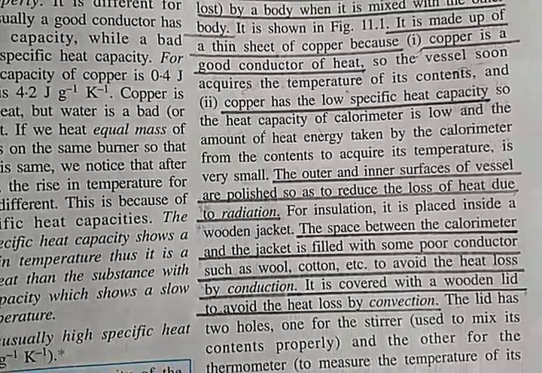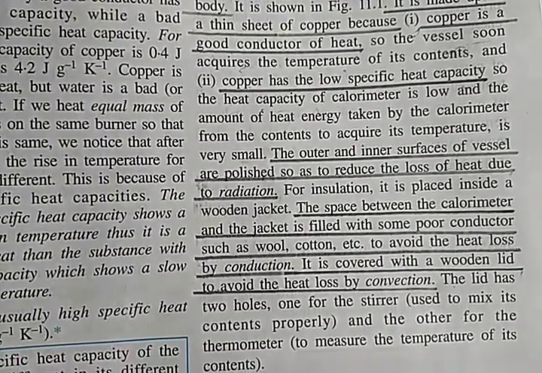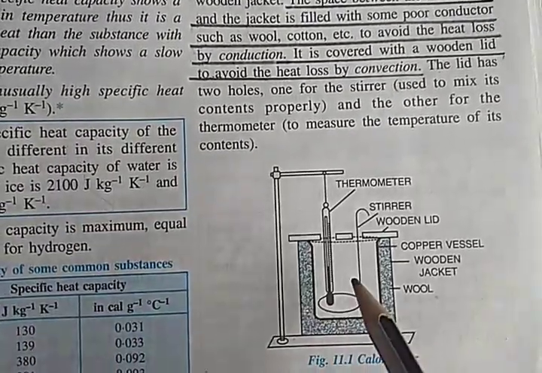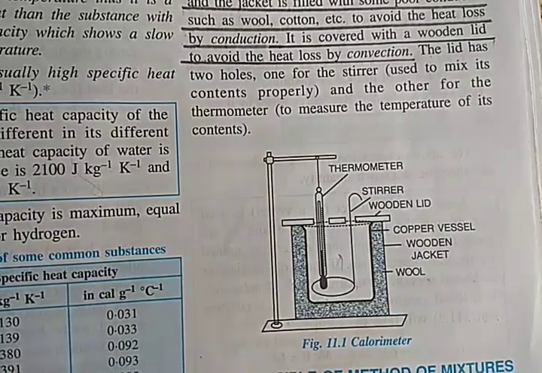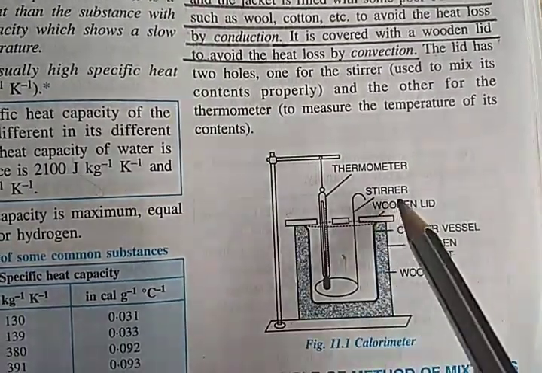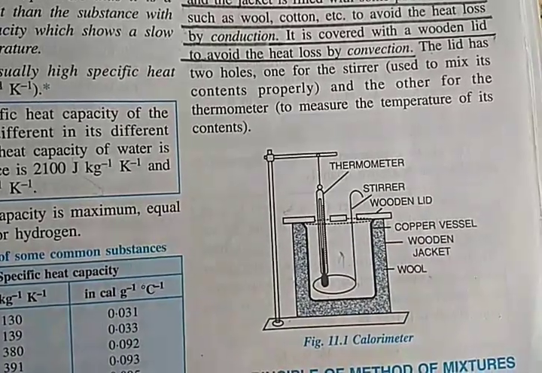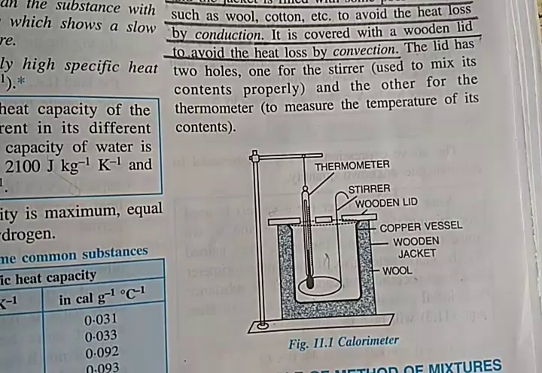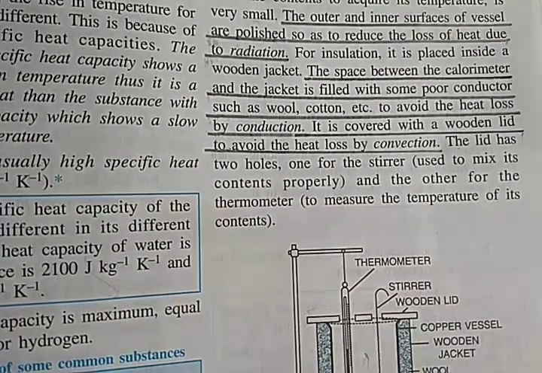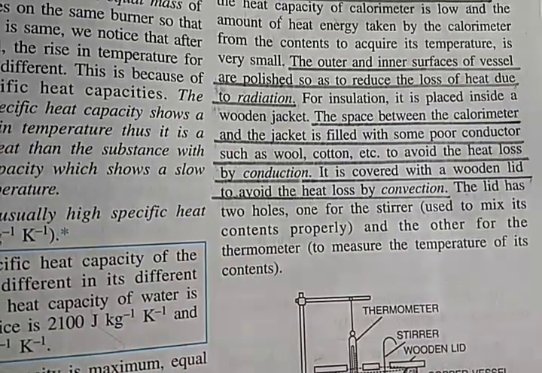Next, we don't want the heat from inside the calorimeter to be lost to the surroundings. We want the heat to remain inside the calorimeter. Heat can be lost in 3 ways: conduction, convection and radiation.